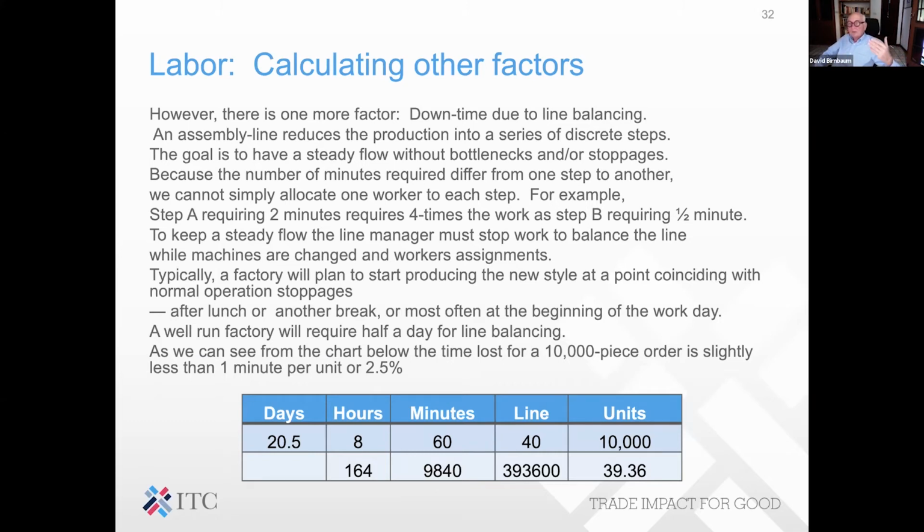Then you have to ensure that there's a sufficient number of workers for each operation to keep this thing operating smoothly. For example, operation A requires 2 minutes. Operation B requires 30 seconds. Well, you know that it takes 4 times as long to do A as it does B, and you have to allow for this.